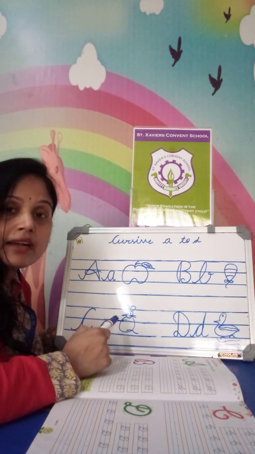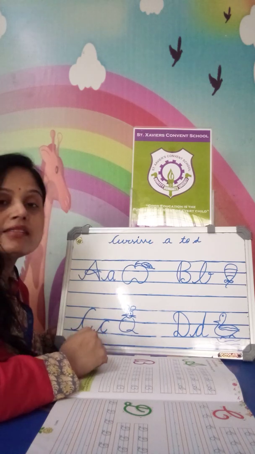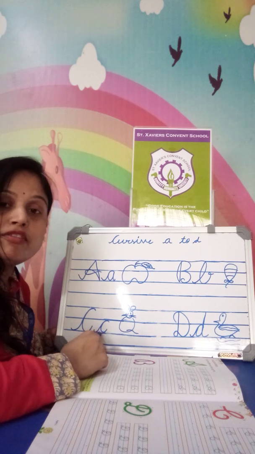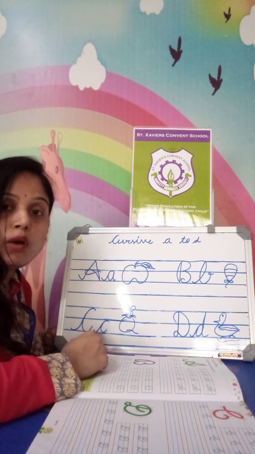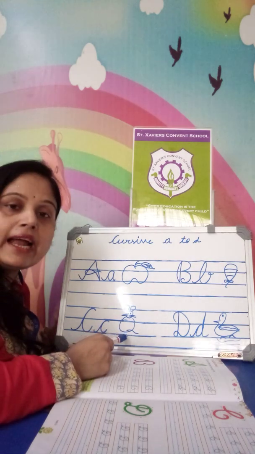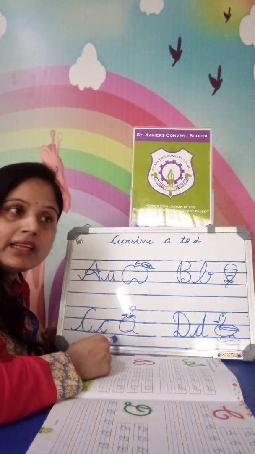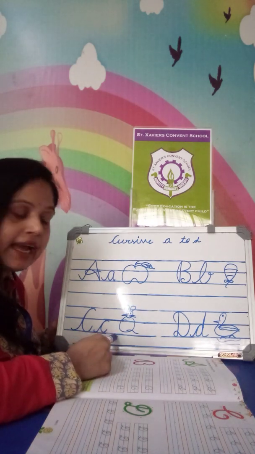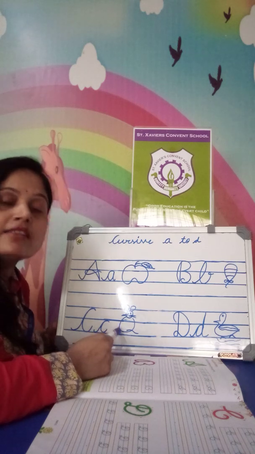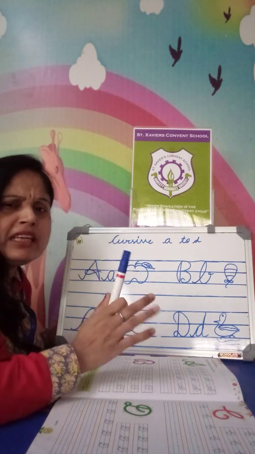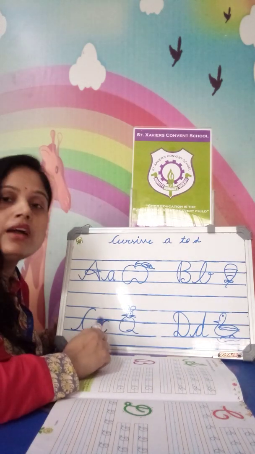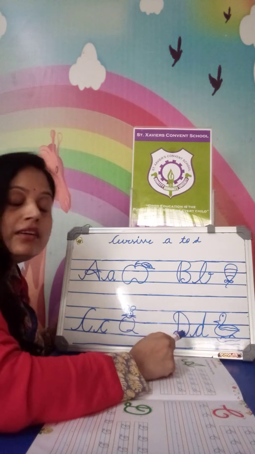Cat. C for cow. C for candle. C for carrot. Many things start with letter C. And C sounds ka.